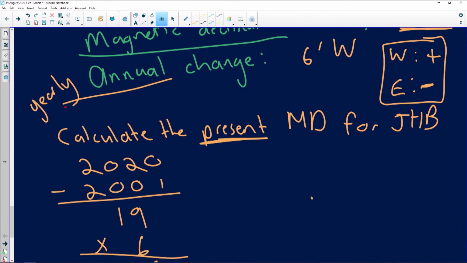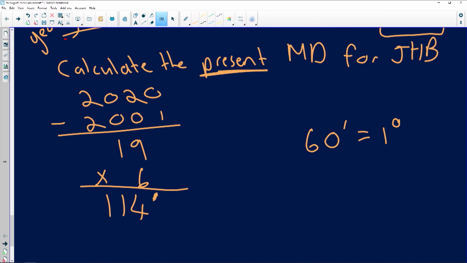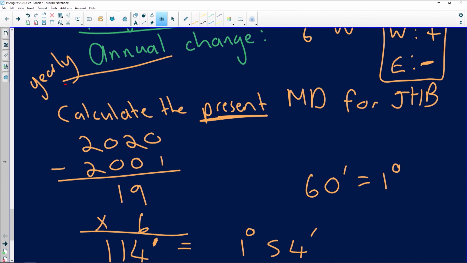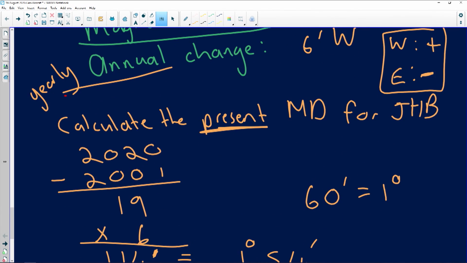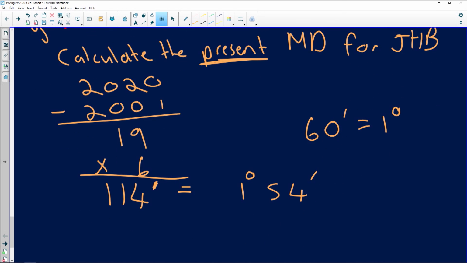Remember this formula. 60 minutes equals 1 degree. So 114 minutes equals what? We take 60 off there, it's going to be 1 degree and 54 minutes. Okay, so it means the magnetic declination from 2001 to 2020 changed by 1 degree 54 minutes.